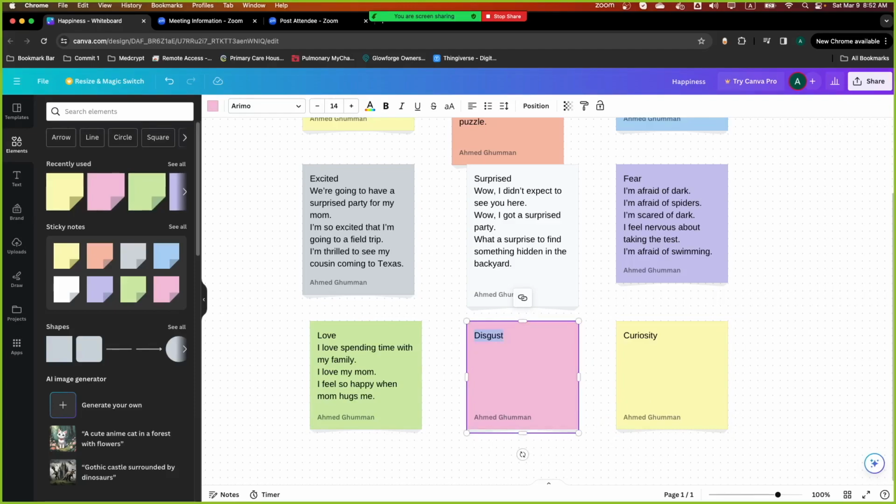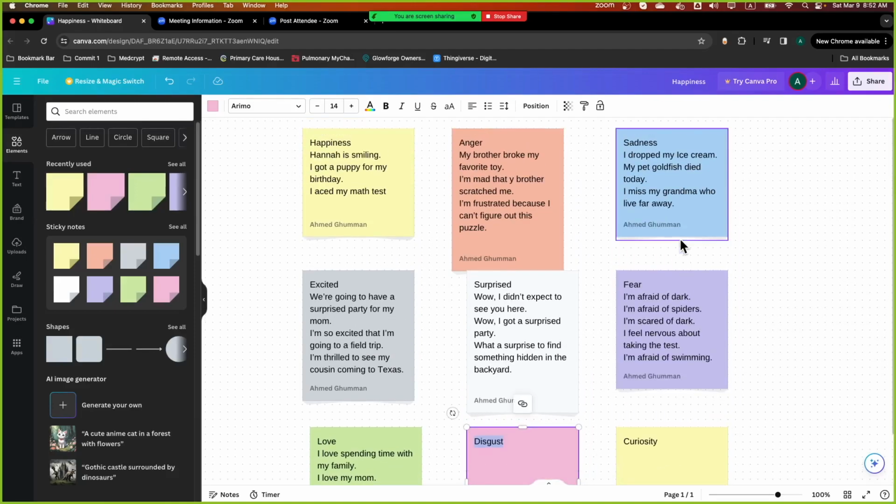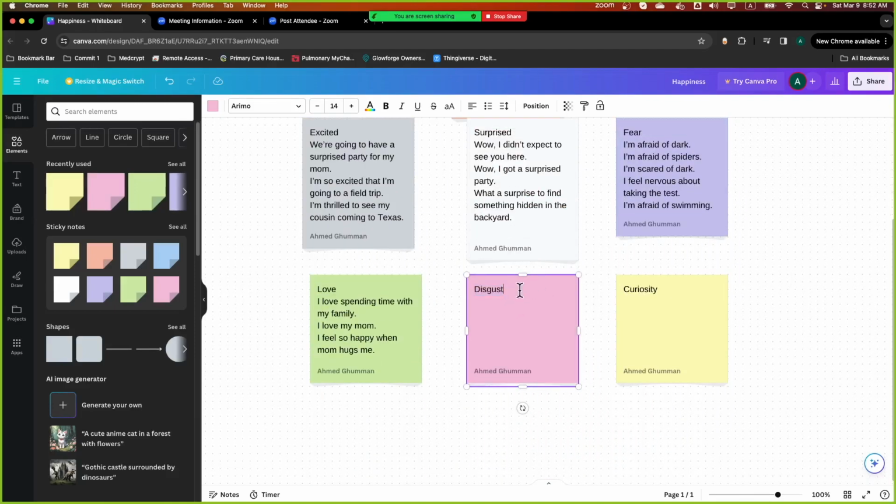Disgust is like I don't like it at all. I don't like vegetables. I don't want to use the word in real life, but we can teach him.